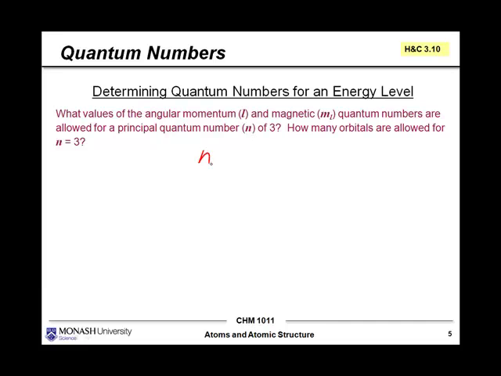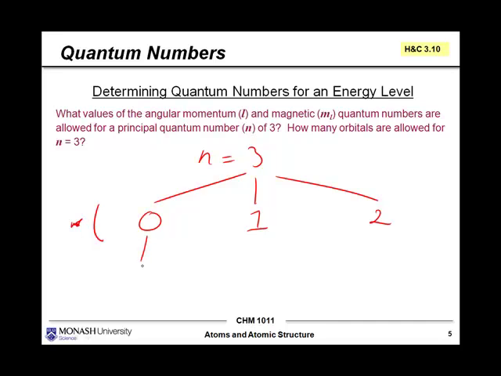If n equals 3, quantum number l can take on values of 0, 1, or 2.